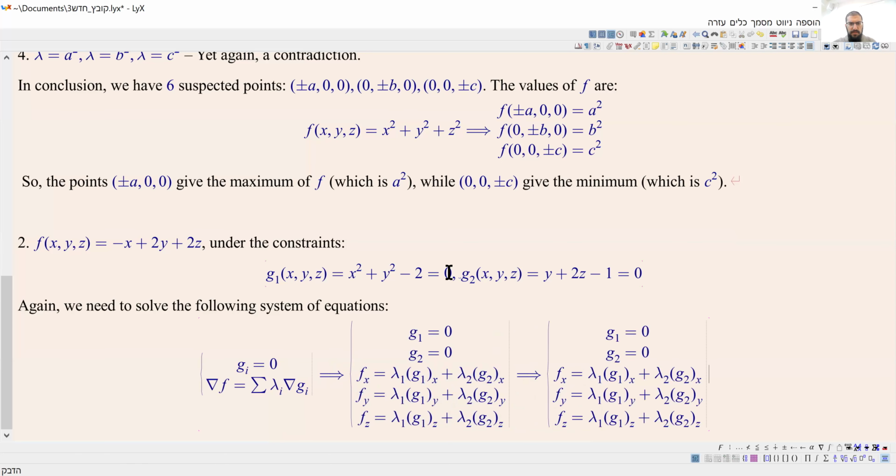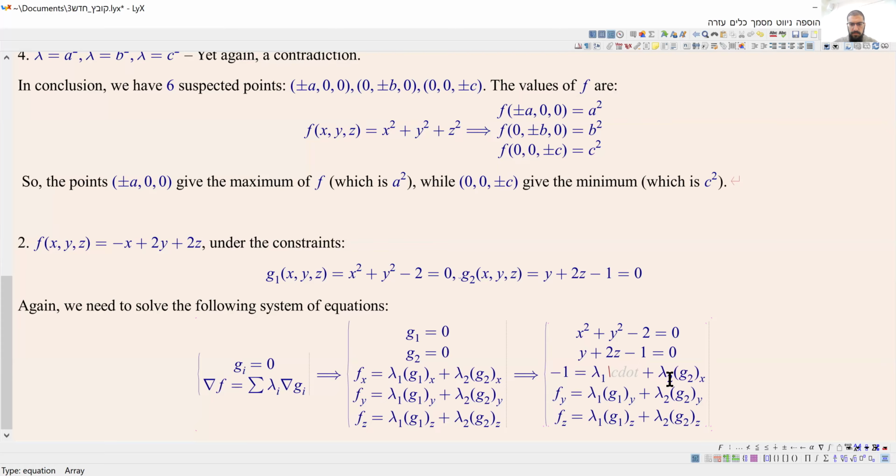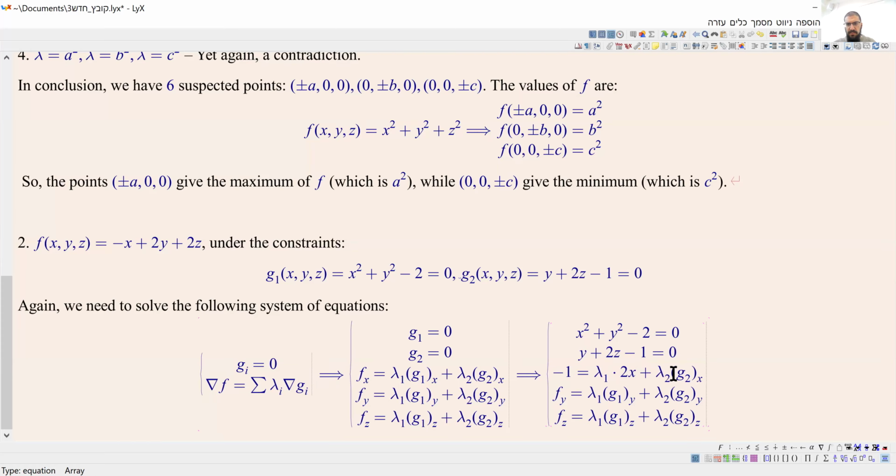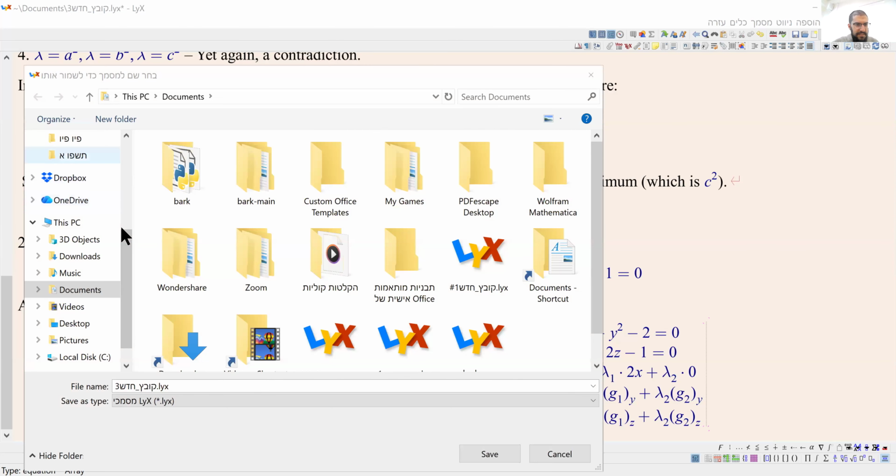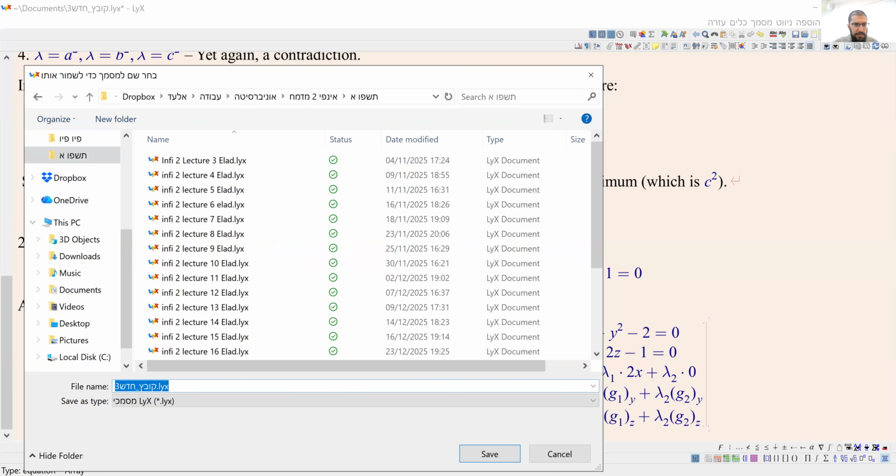Okay, g1 is this, and g2 is that. f by x is minus 1. g1 by x is 2x. g2 by x is 0.